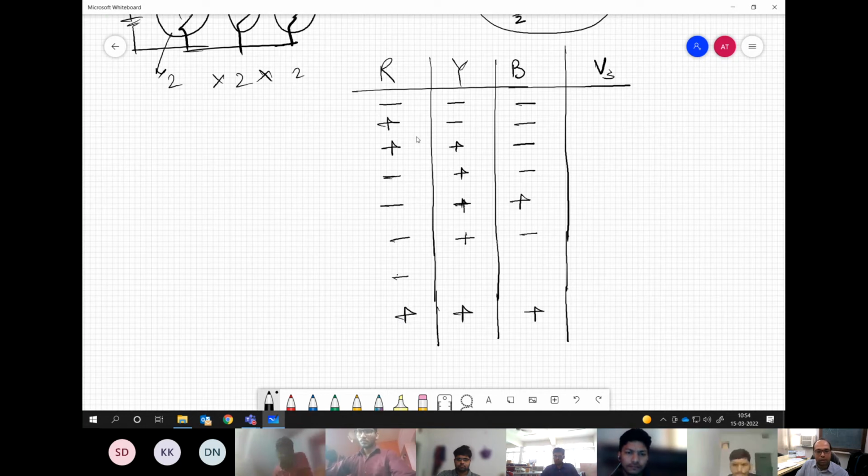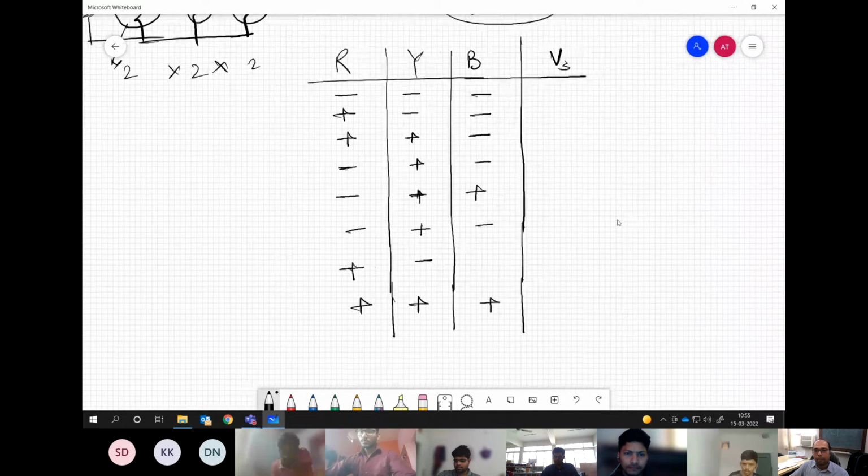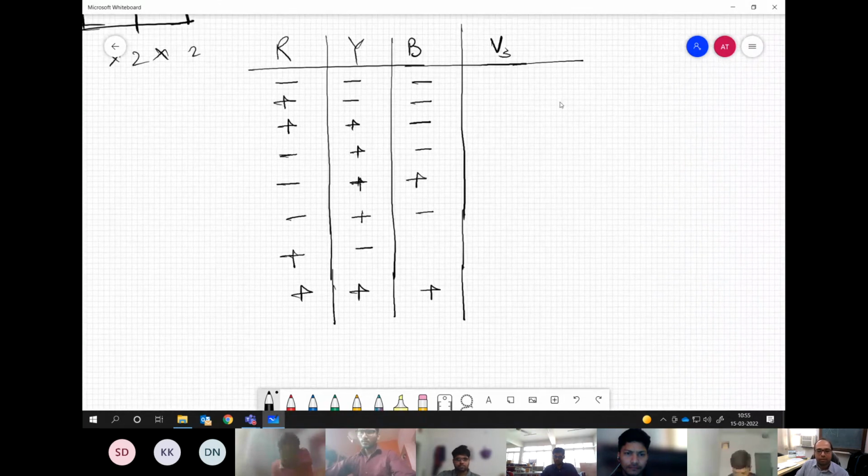Which one is remaining? 0, 1, 2, 3, 4, 5, and then here it should be 6, which is minus y. The fifth one is minus minus plus. Before that, it becomes plus minus plus. So why I am arranging like this, there is a reason for that.